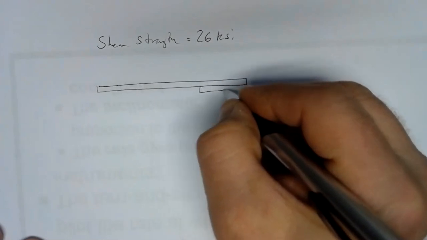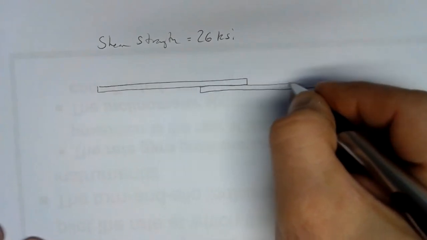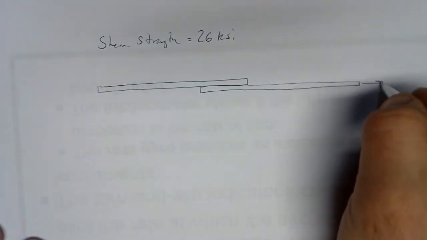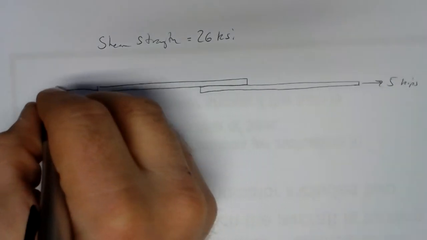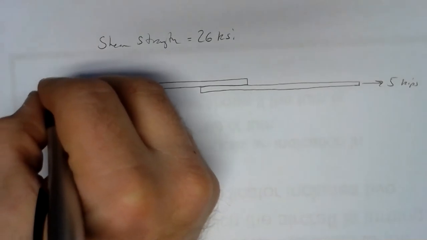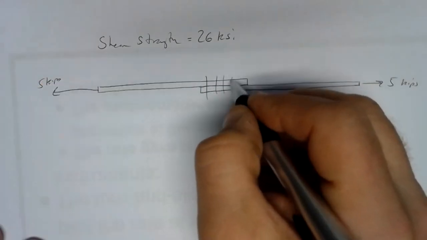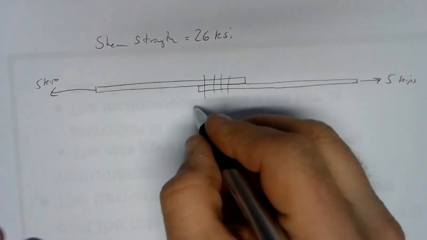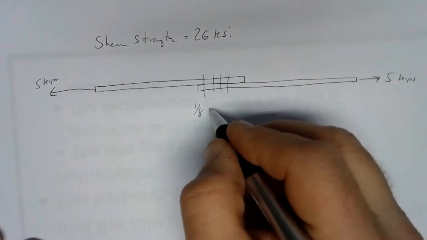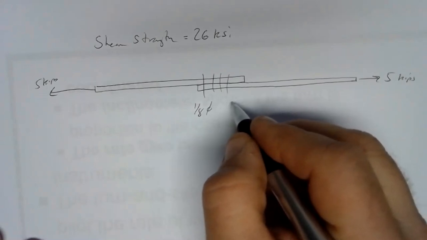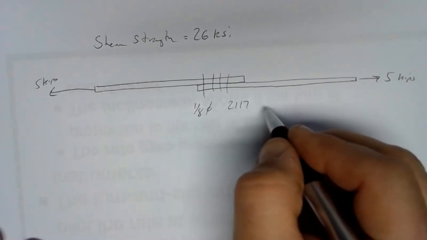So we've got this lap joint, and we're going to use some number of 1/8 inch diameter 2117 rivets.